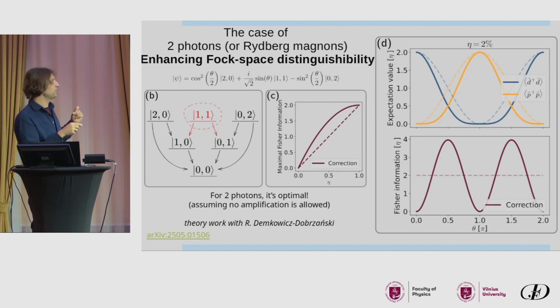If we can avoid that, if we introduce an additional loss and remove this term, we enhance the distinguishability in the Fock space, and not only do the sine and cosine here get sharper as predicted, but we also improve the Fisher information of the estimation at the particular point, which we can always tune to use.